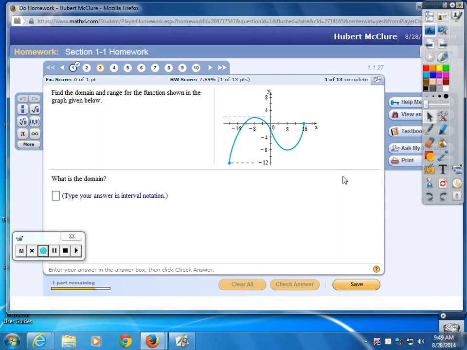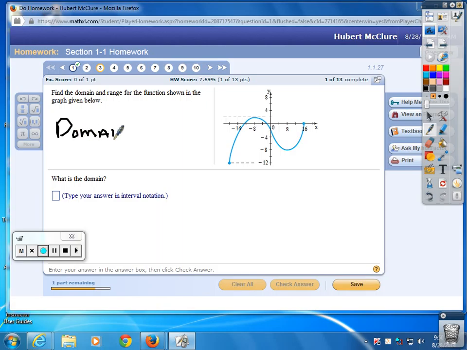So your domain would be negative 20 to what? So that would be your domain. Domain is negative 20 to 16.